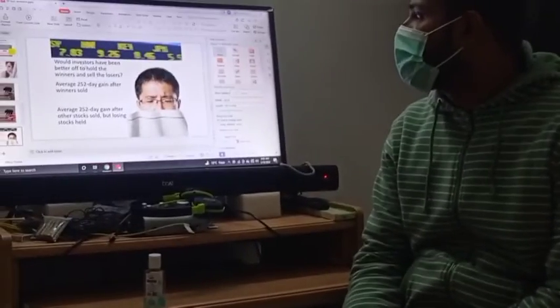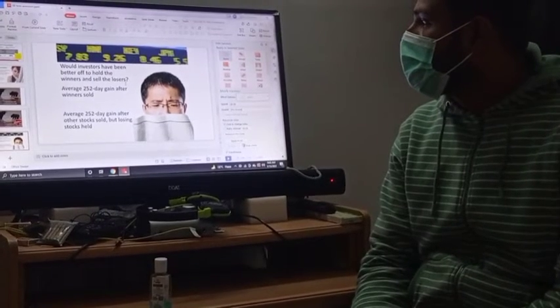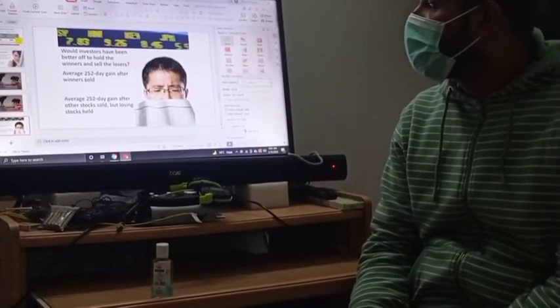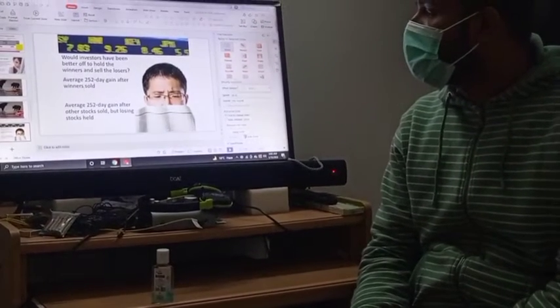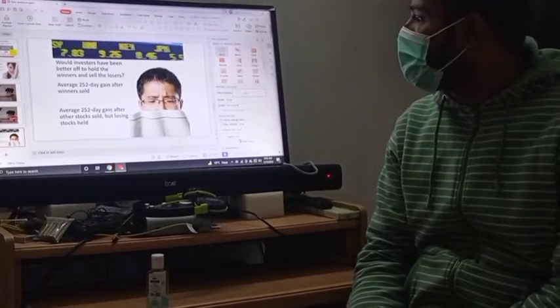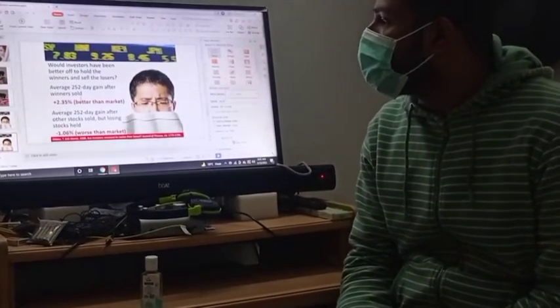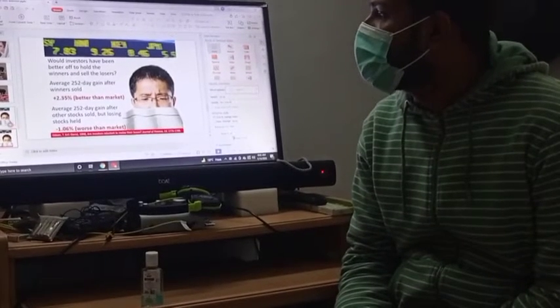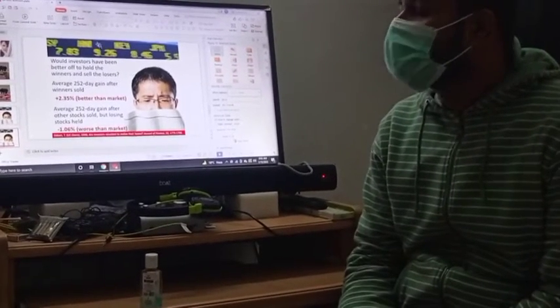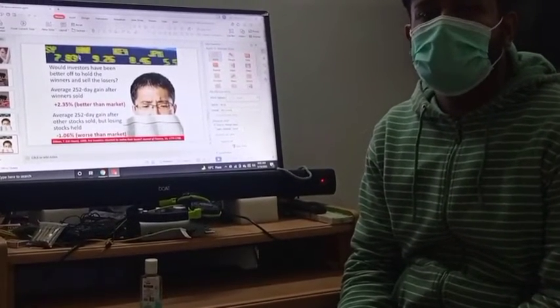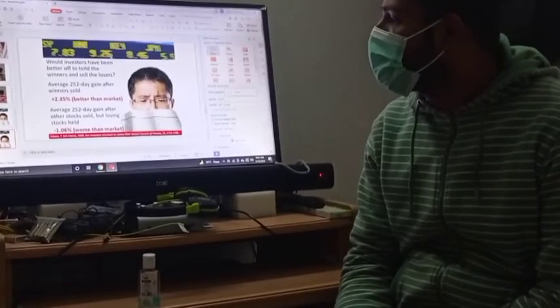Would investors have been better off to hold the winners and sell the losers? Average 252-day gain after winners sold. Average 252-day gain after other stocks sold but losing stocks held. So this explains whatever we explained in the previous slides better from the point of view of a person who's looking at the problem from a very practical point of view.